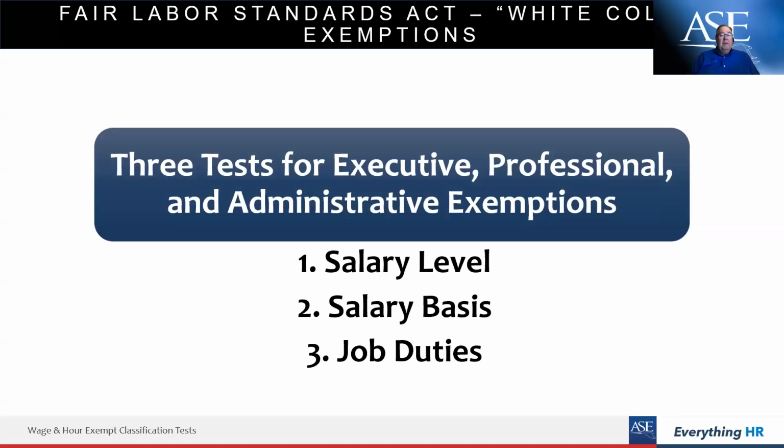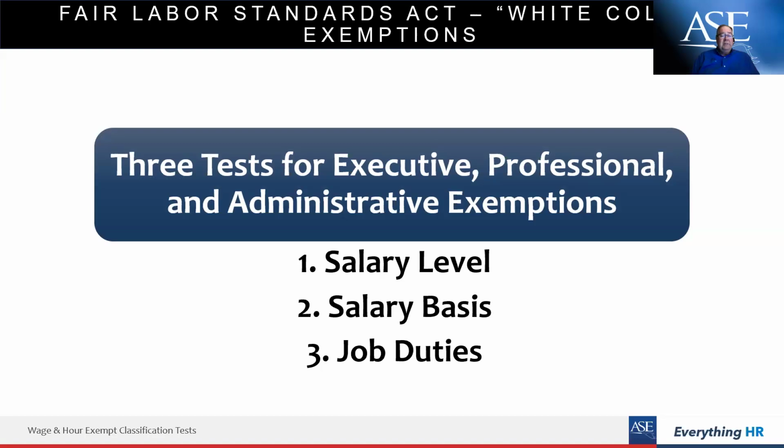So here we go. To be classified legally as an executive, professional, or under the administrative exemption, those 3 classifications, you have to meet a salary level test, which is what changed with the recent Department of Labor regulations. You have to meet the salary basis test. This means somebody should be paid a salary.